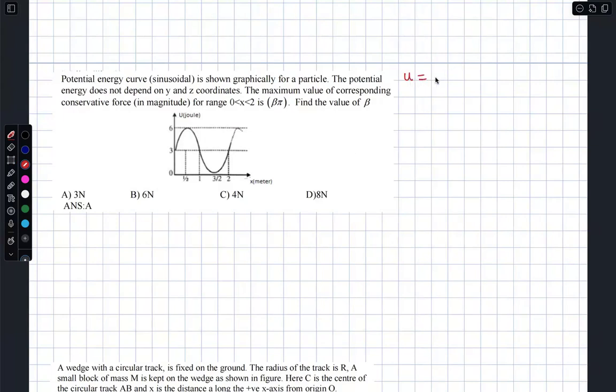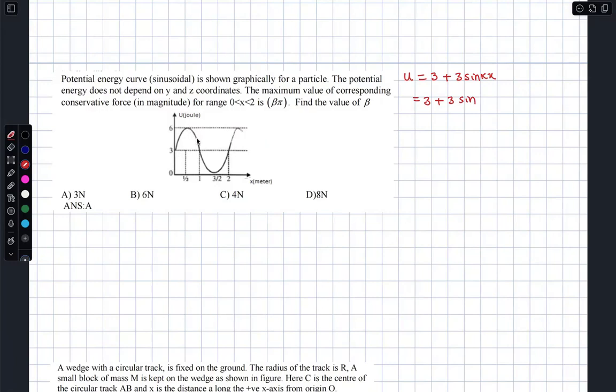U can be given as 3 plus 3 sine kx. It is a function of x. You can also write this as 3 plus 3 sine kx. What is k actually?